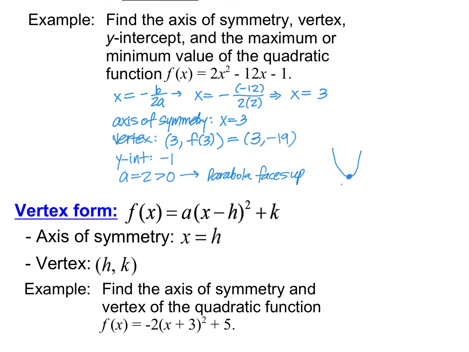And this vertex is at (3, -19). So it has a minimum value because it's a lowest point, and the minimum value is negative 19. It is the y coordinate. Okay, make sure that you know that the minimum value refers to the y value of the lowest point.